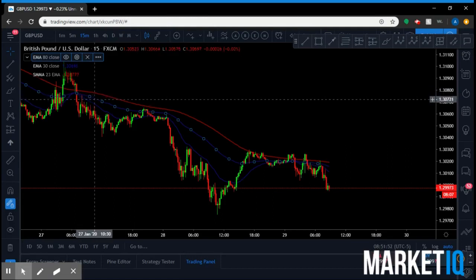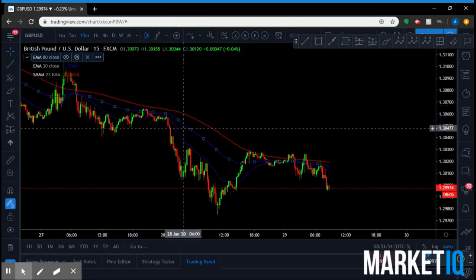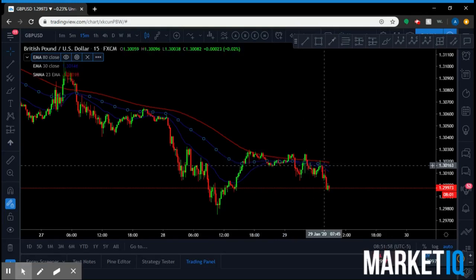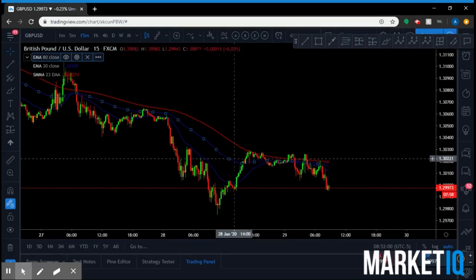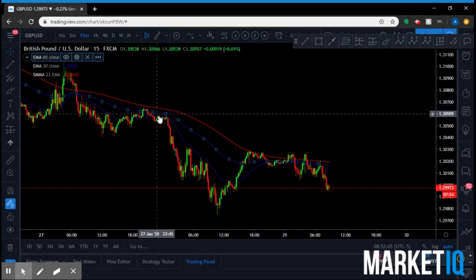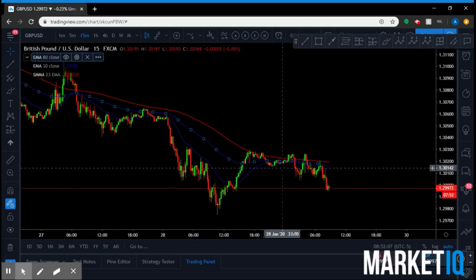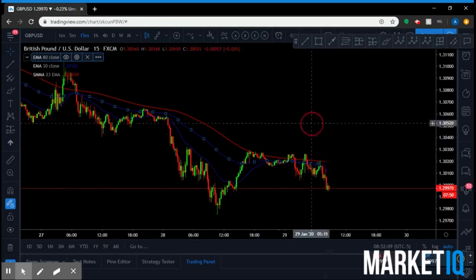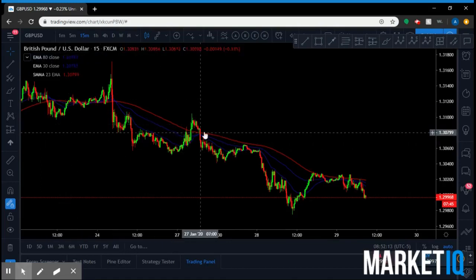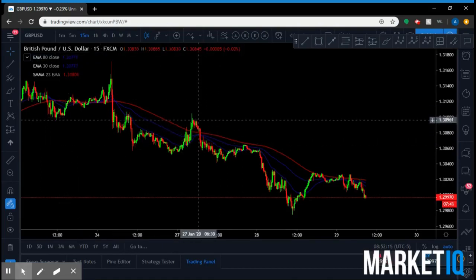So that means that this line right here, the one that has the dots on it, is tracking price over the past 80 bars, the past 80 15-minute bars. This is what the average price has been. And this is important because price tends to revert back to the averages during a correction.